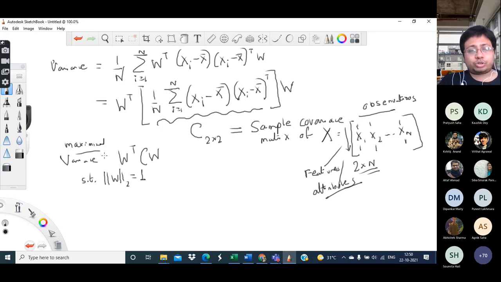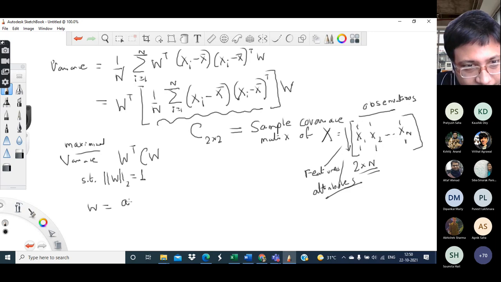I wanted to choose that W. I wanted to project the data along that direction for which this variance is going to be as high as possible. So basically the W, I can now write as an argmax, or if I may call it W hat.